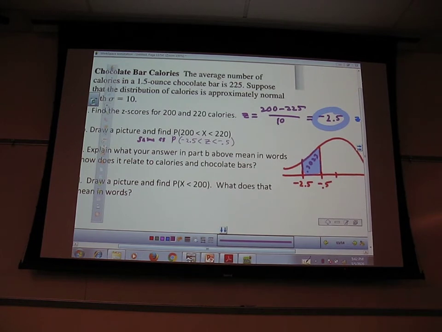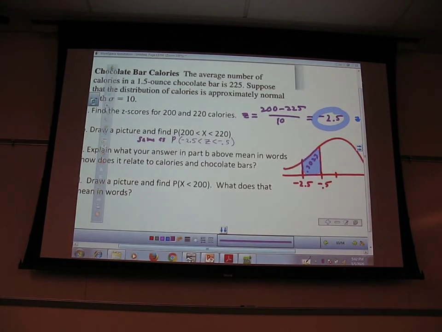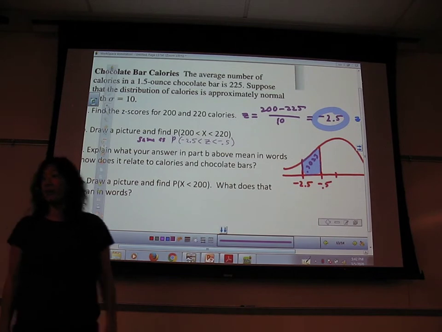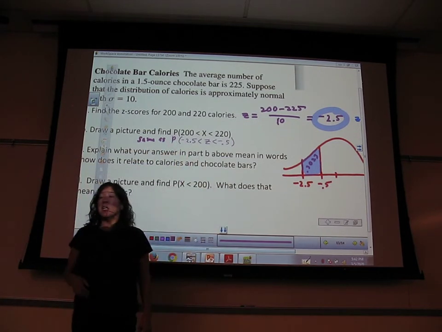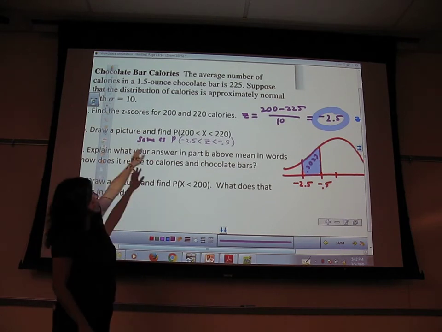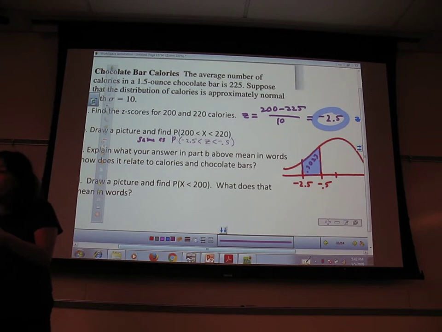Yes? So when it says like find the z-scores for blank and blank, it means like between? Yes. So you need to find the z-score for each of them. So it says find the z-scores for 200 and 220 means, so you guys listen up, find the z-score for 200.